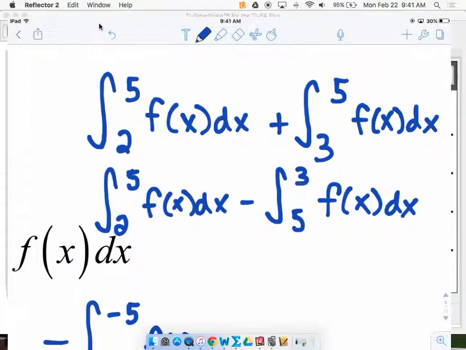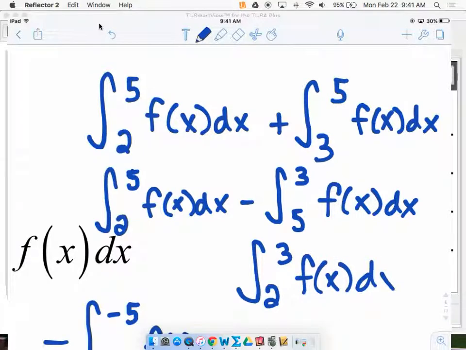Since the upper bound here and the lower bound here are the same, I can put them together and make one. So I can turn it into 2 to 3 of f of x dx. Kind of, yeah.